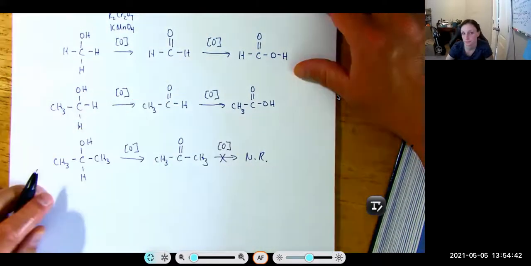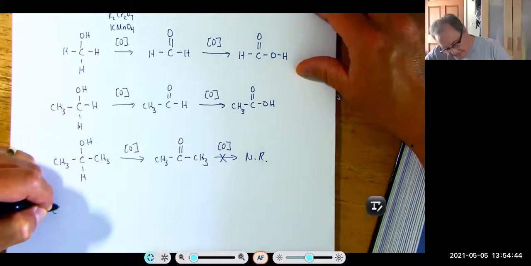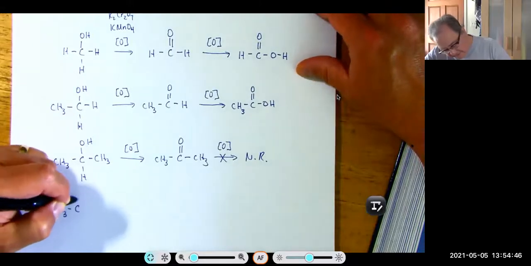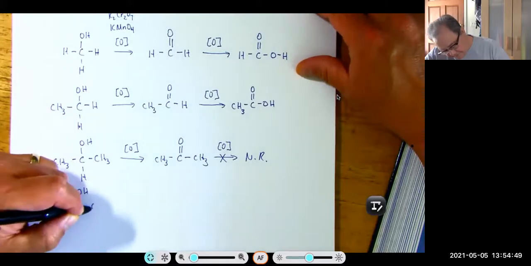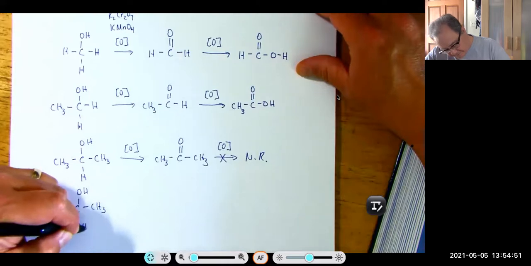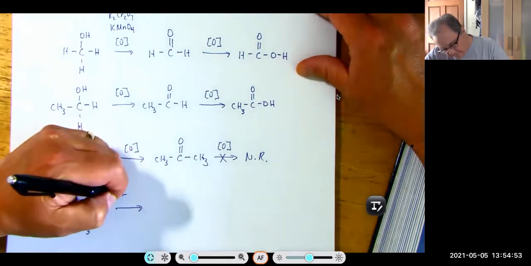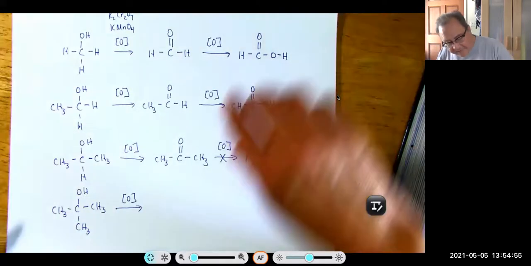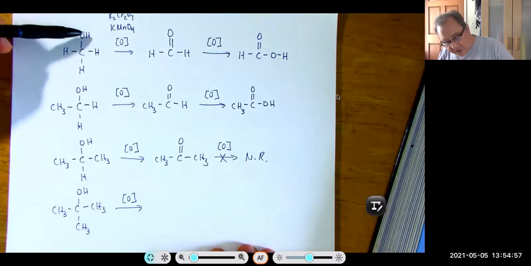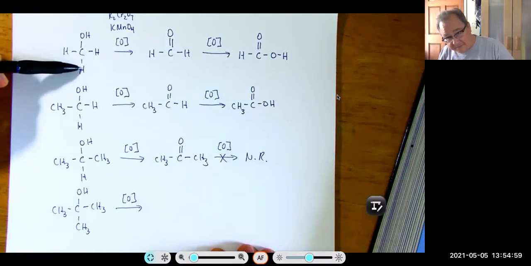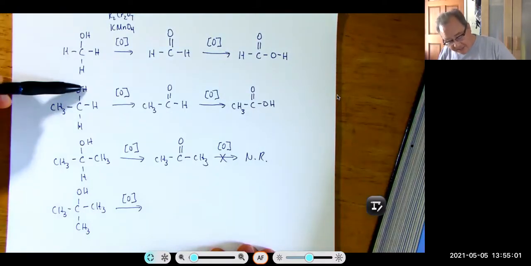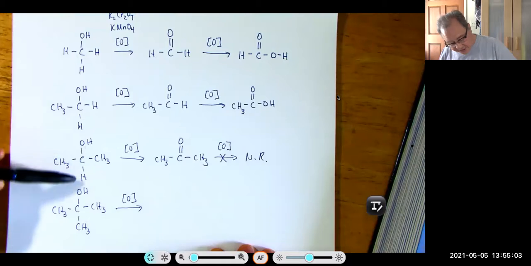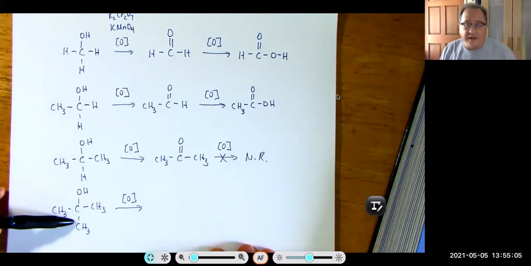Okay. And if you have this type of alcohol, you'll notice that we have to have an H here and an H on the carbon, right? H and H, H and H, H and, oh, no H. So what's going to happen here?